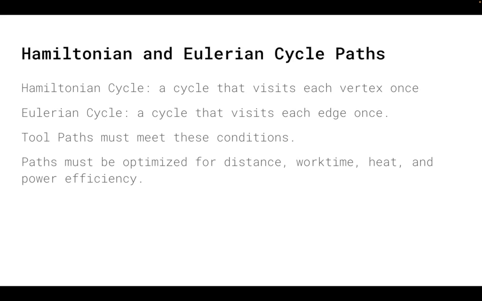Usually you have multiple iterations of Hamiltonian cycles and Eulerian cycles within each cut project, unless you're doing a line drawing, but even then it still must be a complete cycle, as the toolpath will not cut if there is not a complete cycle path. Meaning if there's an open shape, it cannot be a cut toolpath. So there are many conditions which toolpaths must meet, but these are some of the most important considerations.